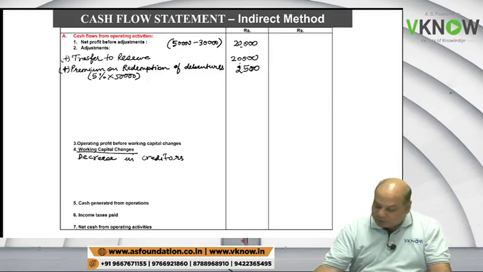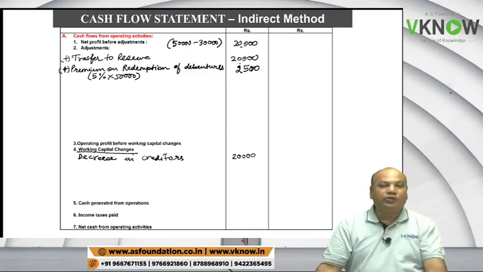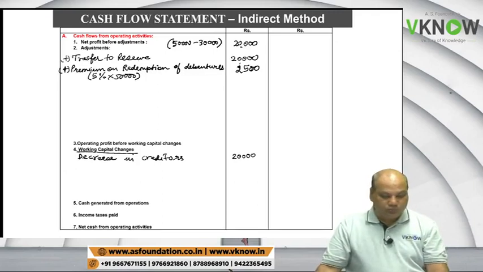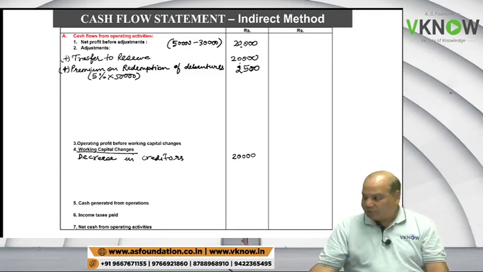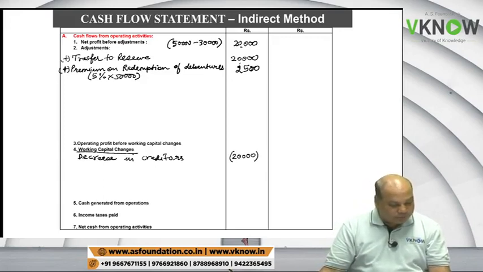Decrease in creditor 20,000. Is it a decrease in cash flow or an increase in cash flow? Come on, fast. This is a decrease in current liability, so decrease in cash flow.